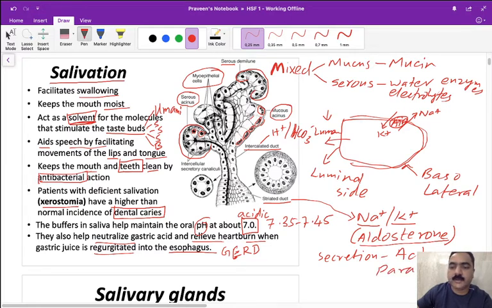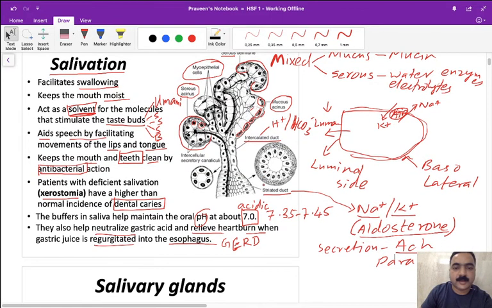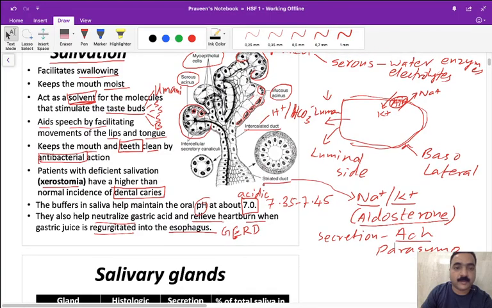So that is the major regulation. Salivation is mainly regulated with the help of neurons and not by hormones. Remember, aldosterone only modifies the ducts and controls the sodium and the potassium concentration.